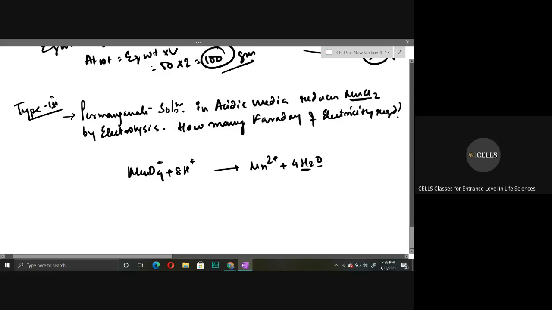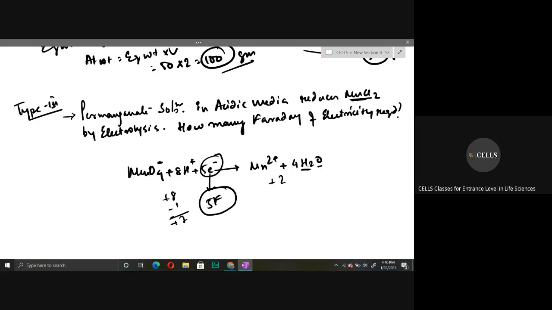There is plus 8 minus 1, which means plus 7, and here there is plus 2. So if you add 5 negative, it will be balanced. So 5 electrons are used, meaning 5 moles of electrons, meaning 5 Faraday is the amount of current. These kinds of questions you can expect from the electrolysis part.